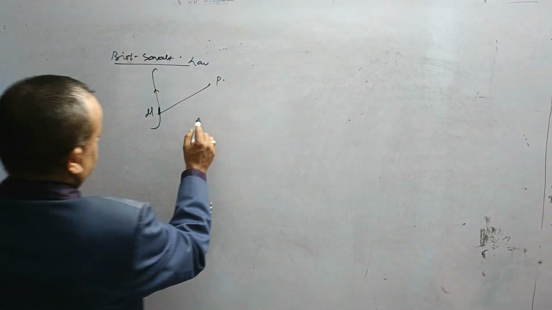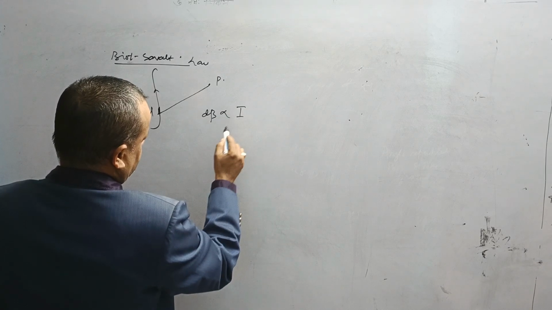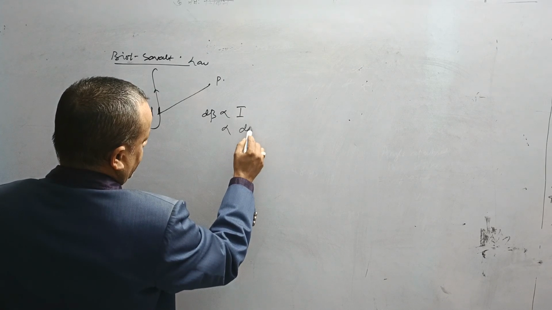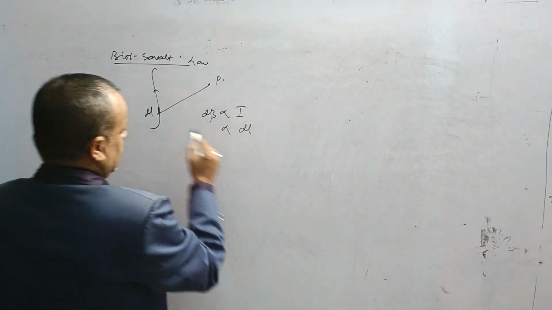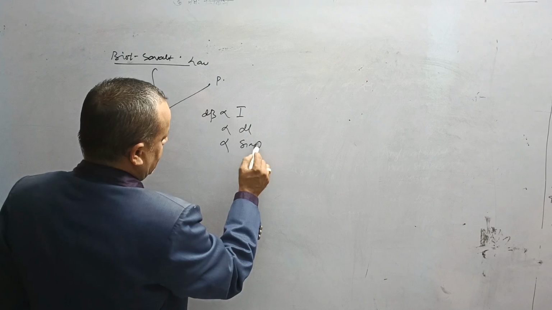He said that the strength of the magnetic field will be directly proportional to the current passed, directly proportional to delta L, the length of the conductor, and directly proportional to sine theta.